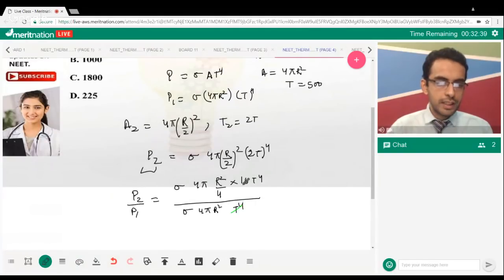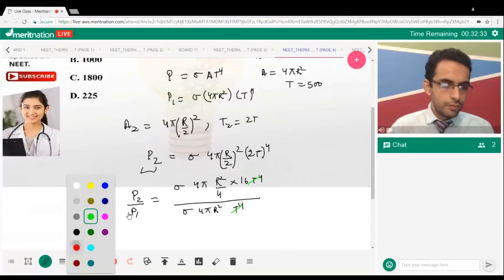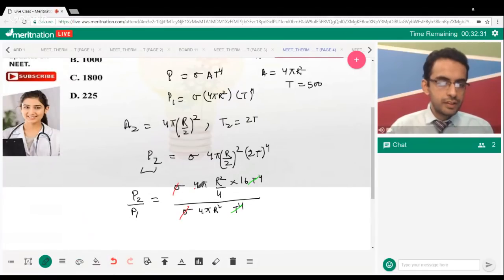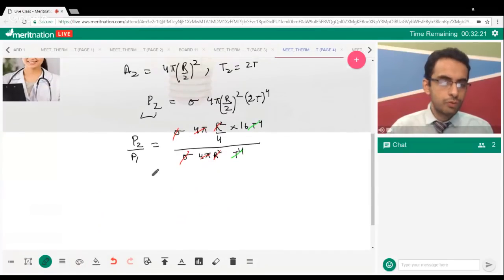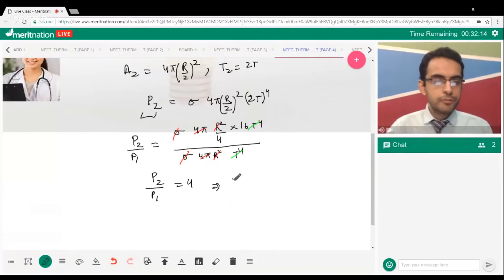So this gets cancelled, this also gets cancelled, and R square also gets cancelled. So we can simply say P2 by P1 is equal to 4. This implies P2 is equal to 4 times P1.